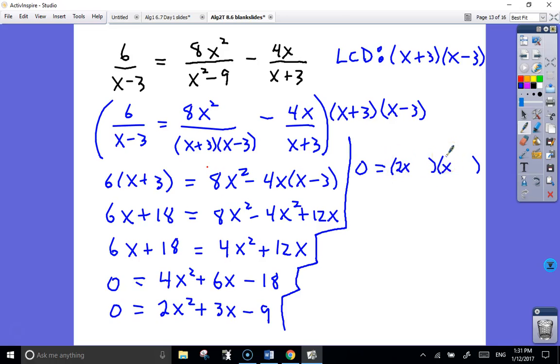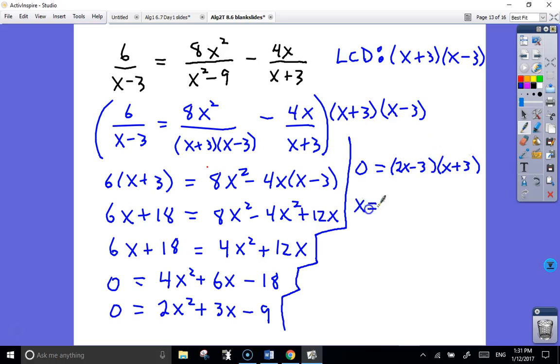Now 9 could either be 1 times 9 or 3 times 3. I think we'll get 2x plus 3 and x minus 3. Let's see if that works. 2x squared, negative 9. Okay, the middle term will be 6x minus 3x, which is 3x. So that's good.